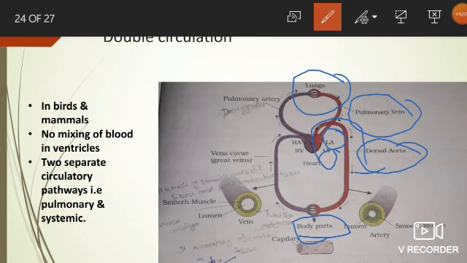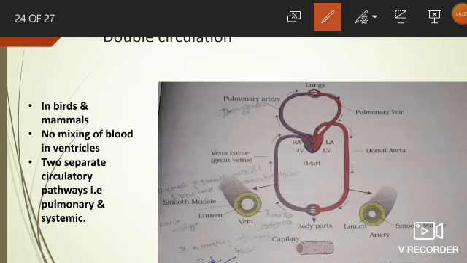And the deoxygenated blood from the body parts goes to the right atrium with the help of the vena cava. From the right atrium it goes to the right ventricle, and from the right ventricle it goes to the lungs with the help of the pulmonary artery for the further oxygenation process.